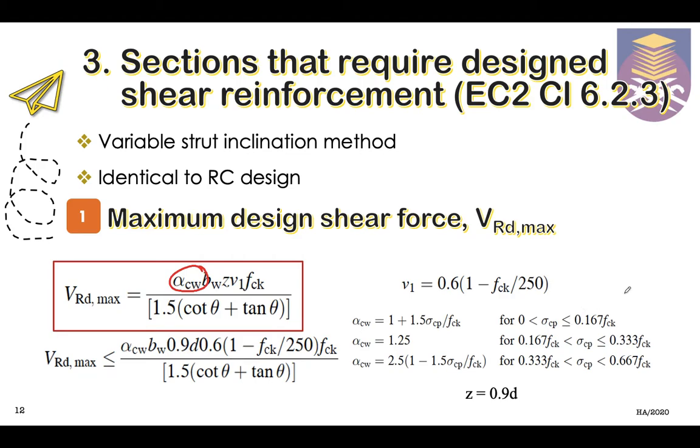So what we have to do first is to calculate the sigma CP, and we are going to compare with this range in order to determine which equation to use in order to calculate the alpha CW value. That is what we were talking about just now in the example.